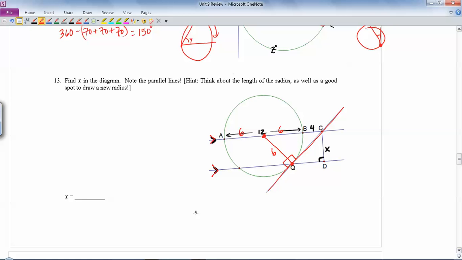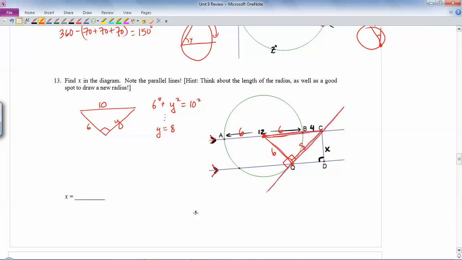So this triangle right here is going to be a right triangle, and it turns out I already know 2 of the lengths for it. I know that this is 6, and that this is 6 plus 4, which is 10. So I could solve for this length right here. So 6 squared plus y squared equals 10 squared. And so if you work that out, you get y equals 8.